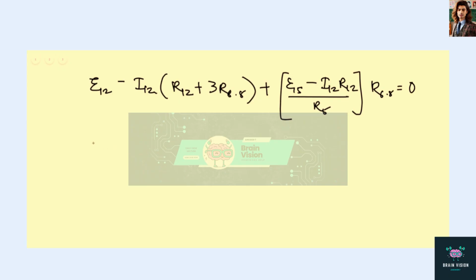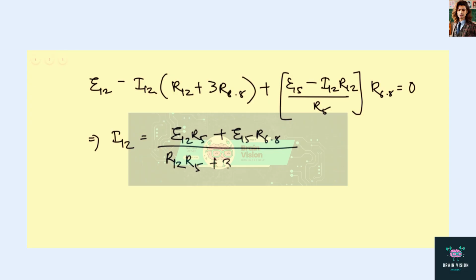So now we solve this equation for I12, which will be equal to E12 R5 plus, and then we need to plug the values of the EMF and resistance.